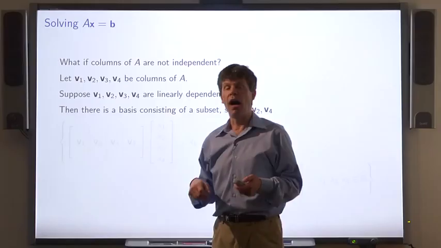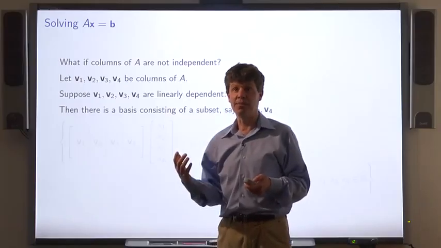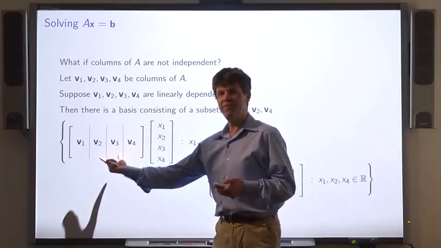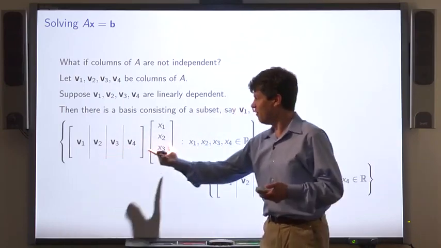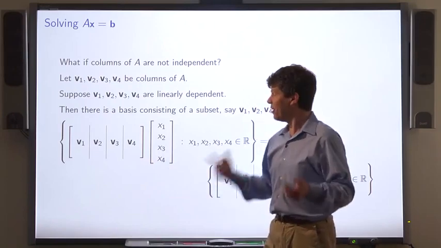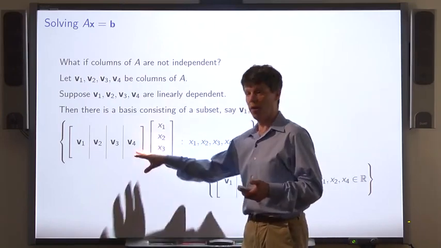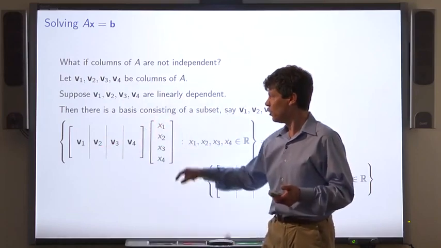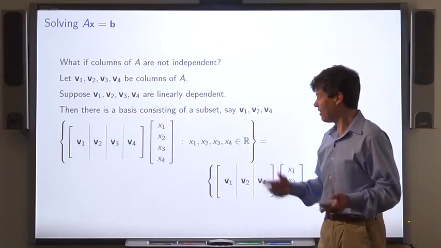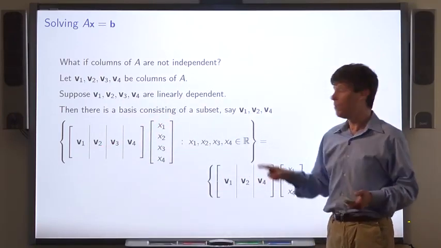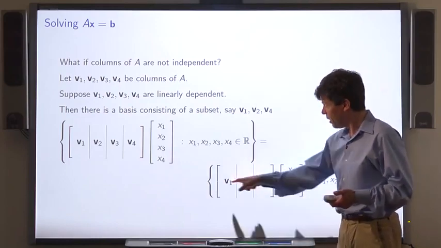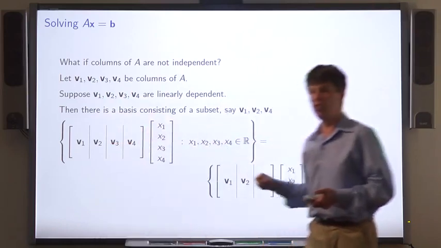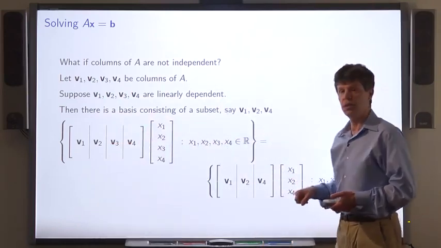We're trying to find a vector A times x that's equal to b. We're trying to find a vector of this form. But the set of all vectors of this form, A times x, is the same as the set where we omit the vector v3, because v1, v2, and v4 span the same space as v1, v2, v3, and v4.